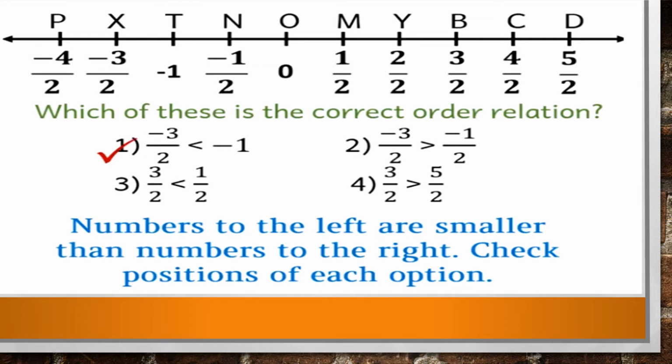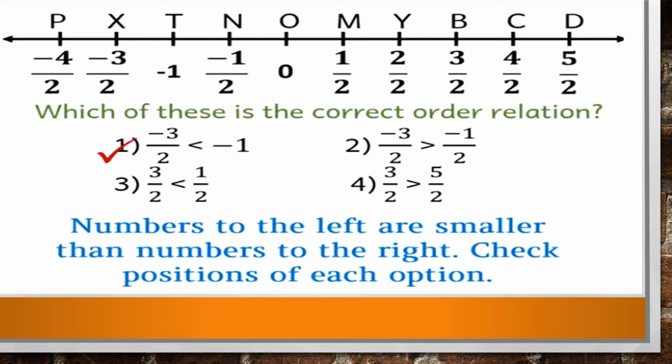If you check the options, you will find that option number 1, that is -3/2, is smaller and -1 is greater. Obviously, because -3/2, meaning -3 itself is smaller, and it is divided by 2, so it will be smaller than -1. Okay, it is not -1/2, it is -1, so -1 is greater than -3/2.